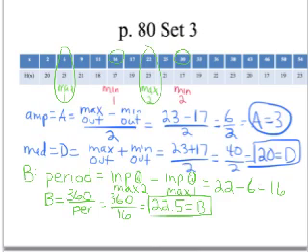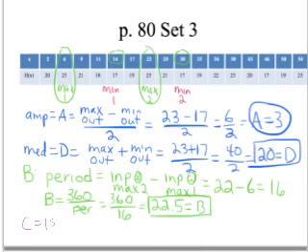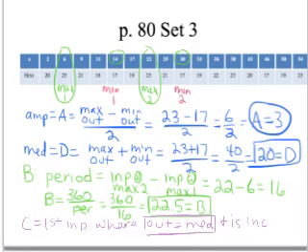So now it's time to find C, and C is the first input where the output is equal to the median and is increasing. So I have to go through and look at my outputs and find where it equals 20 and where it's increasing. If I start over here, the first output value I get is 20, and it's going from 20 to 23, so it's increasing.